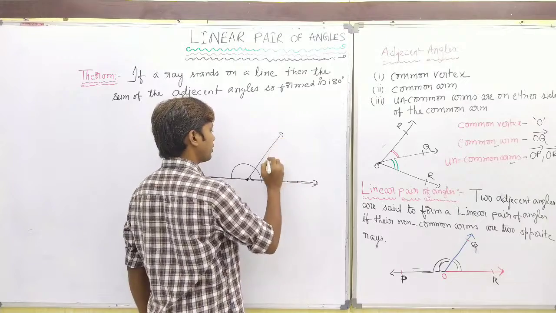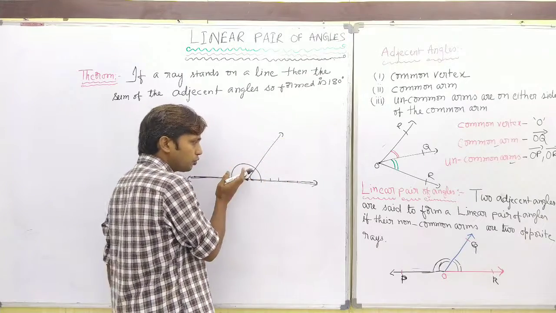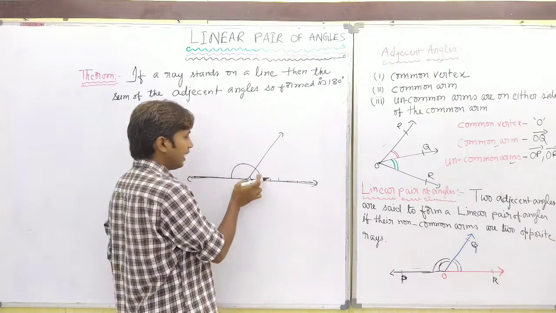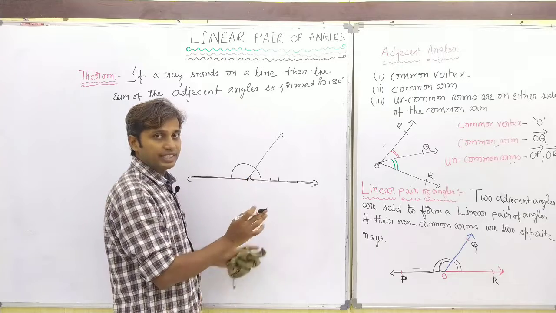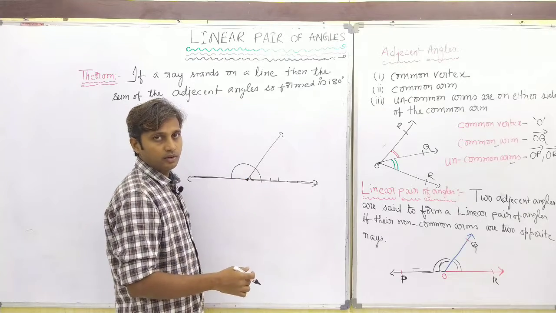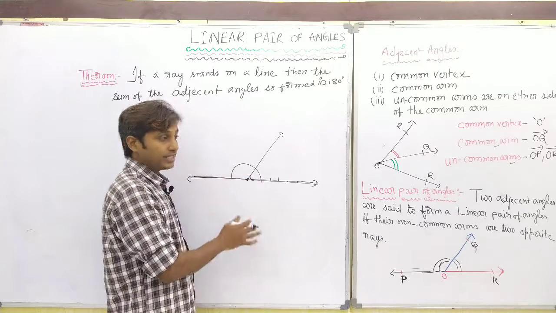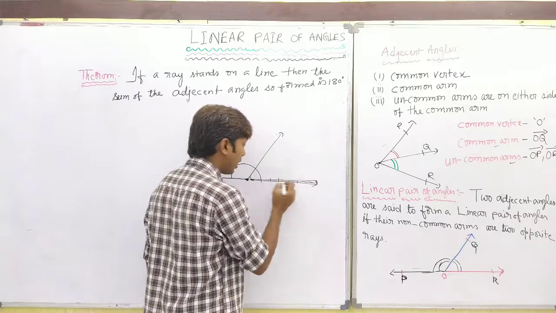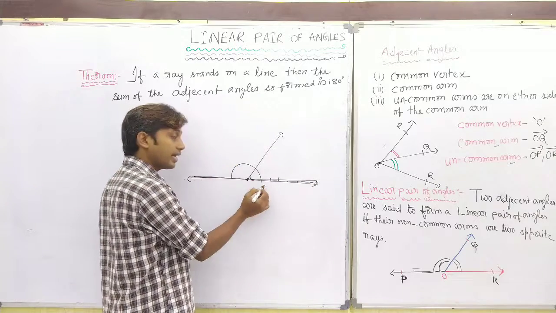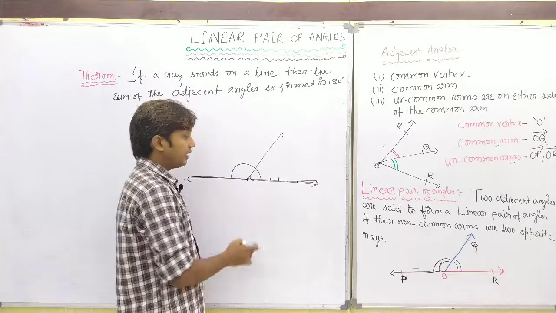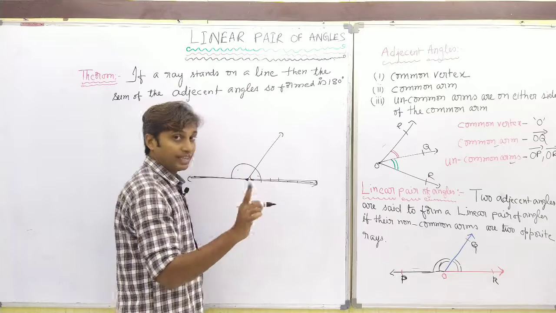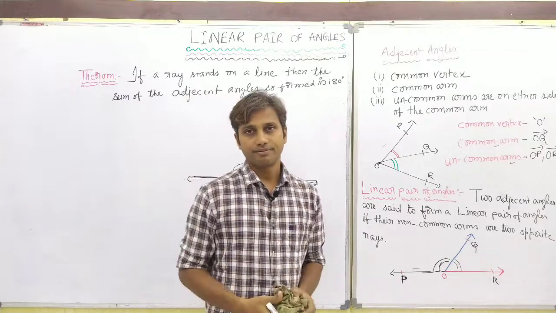Due to this OQ, now the total angle, this 180 degrees, is split into two parts. Then what can we say? Whenever these rays are oppositely directed, this total angle should be 180 degrees. That means the sum of these two angles should be 180 degrees or not. Now that is our theorem.